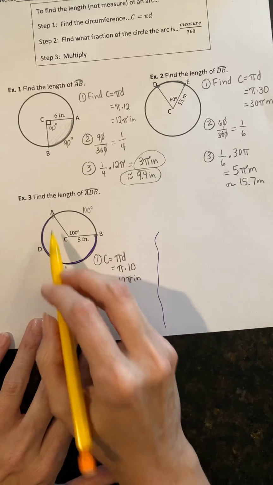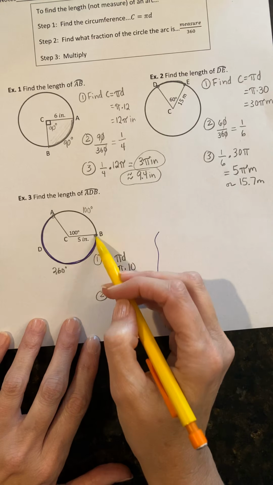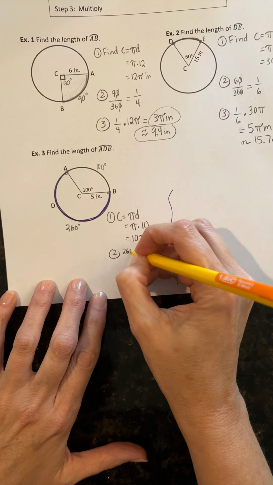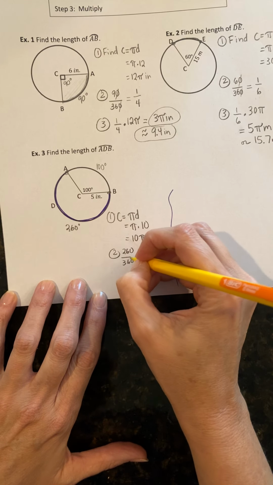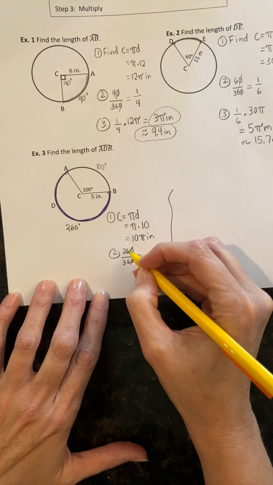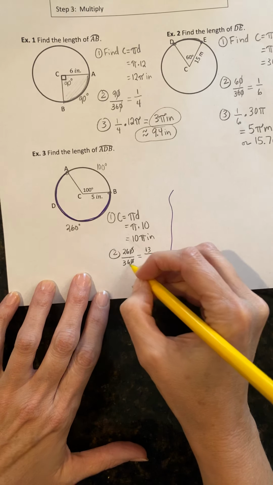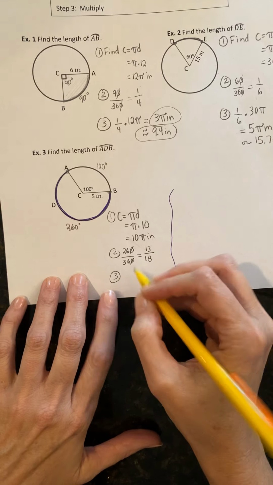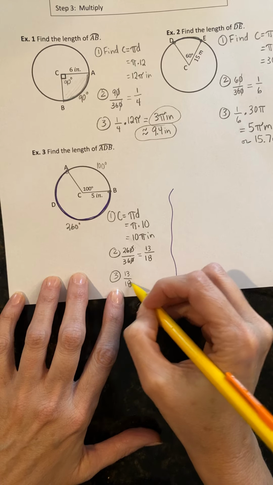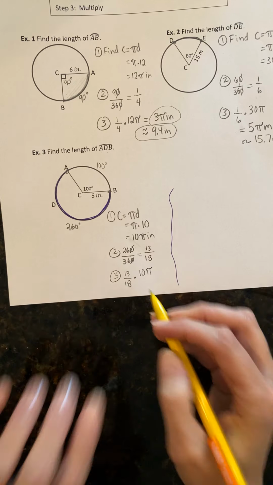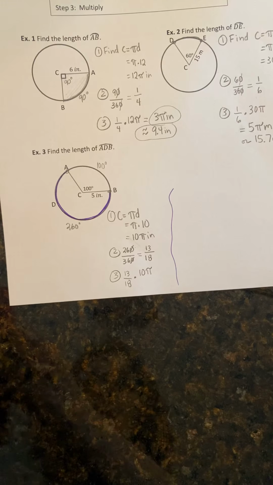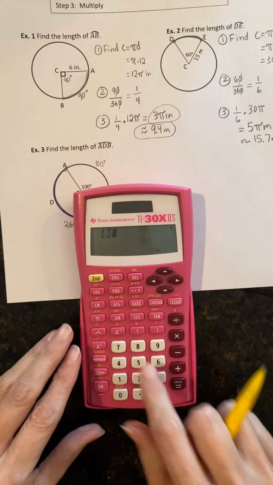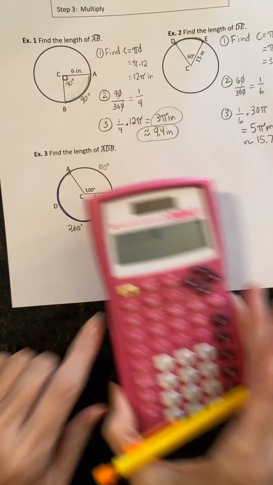And the major arc is not 100 degrees. The major arc is 260. So that is 260/360ths of the circle. You can leave it unreduced, or 2 goes in there 13, 2 goes in there 18. 13/18ths of the circle. And then you find 13/18ths of the entire circumference. This is gonna come out ugly because you're dividing 10 by 18, so that is gross. 13/18ths of 10.